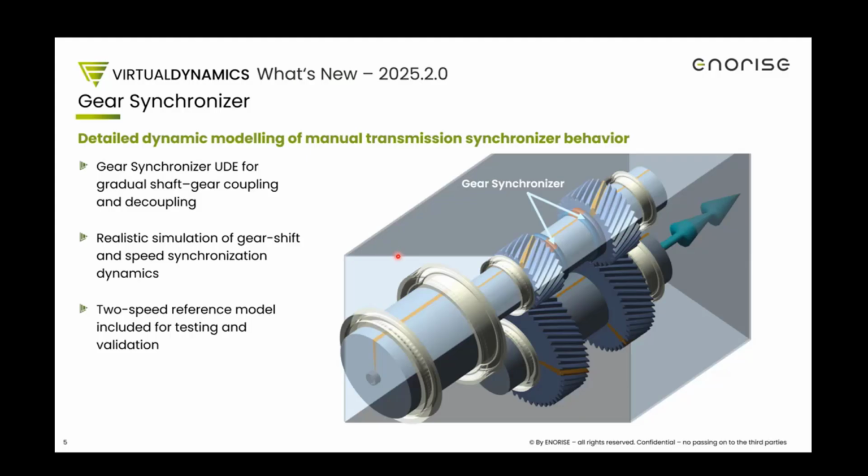And once it is engaged, of course, it becomes the primary path for torque transmission, because of course you do not have relative speed in the friction clutch. It also additionally introduces, let's say, a realistic stiffness and damping behavior into the gearbox, which, if you are just using a fixed joint between the gear and the shaft, this additional stiffness and damping through the synchronizer mesh may be missing in the model.